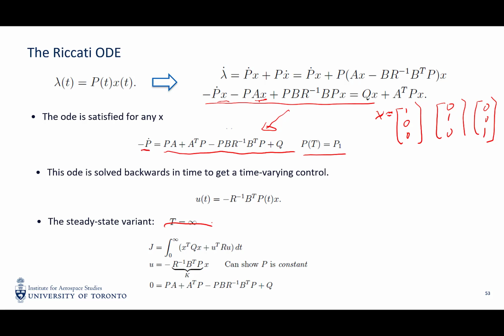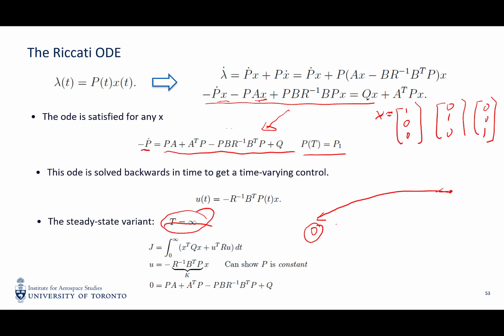Then we will say that, okay, if T is infinity and it settles down, because we should integrate it backwards, at the time that is very close to the initial condition, the P should settle down.